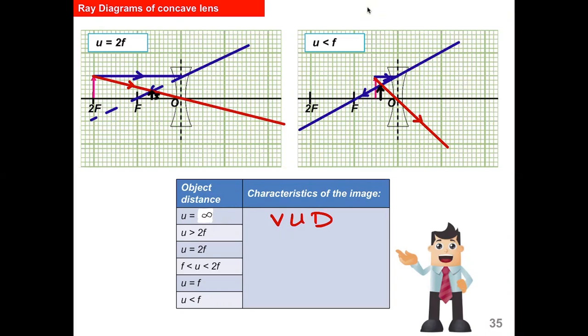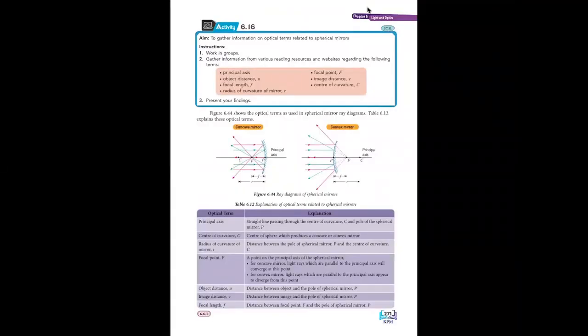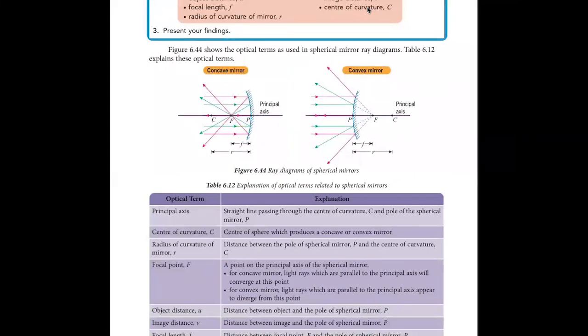I hope you understand drawing the ray diagrams for both the concave lens and the convex lens. Later on we will summarize the similarities between all of these ray diagrams. Now we will continue drawing the ray diagrams for the concave mirror and the convex mirror.